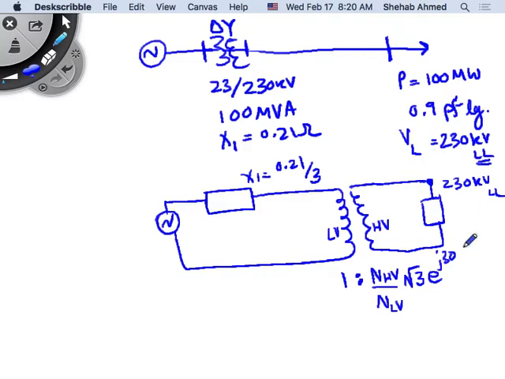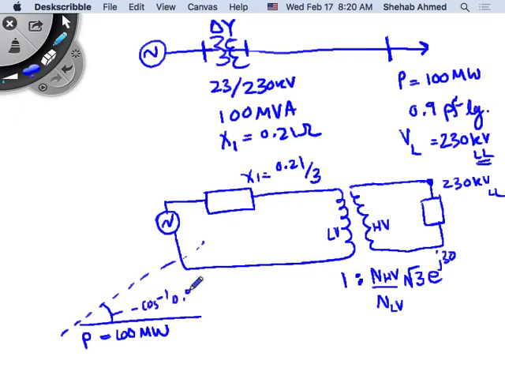So we can draw the power triangle for the load, right? I have my real power, that's given, that's 100 megawatts. And they give you the power factor for the load, so I can sort of draw this line. So this angle is equal to minus inverse cosine 0.9, right?